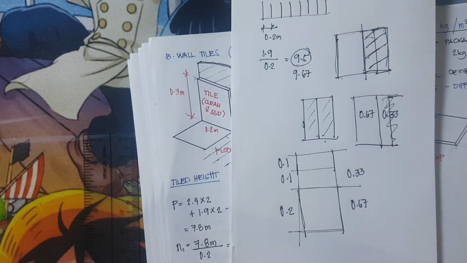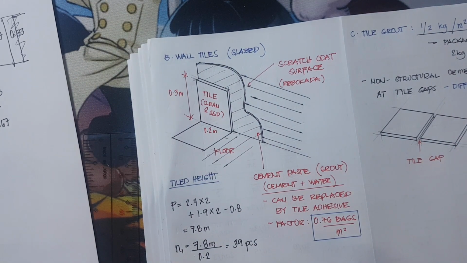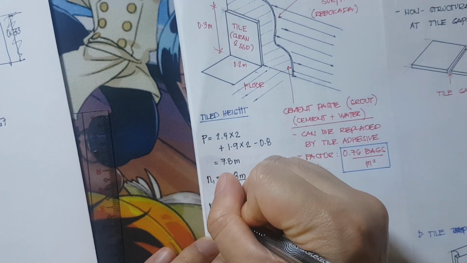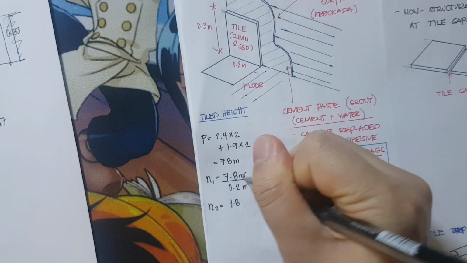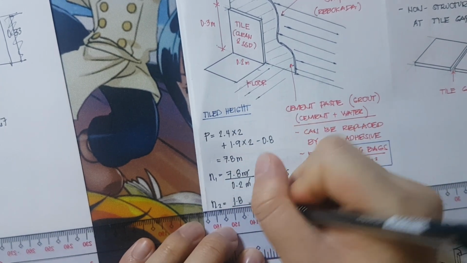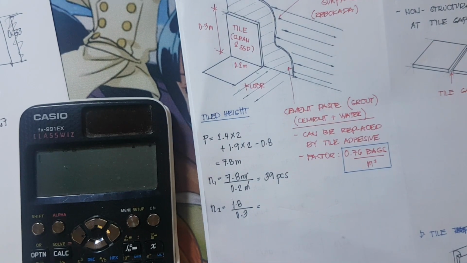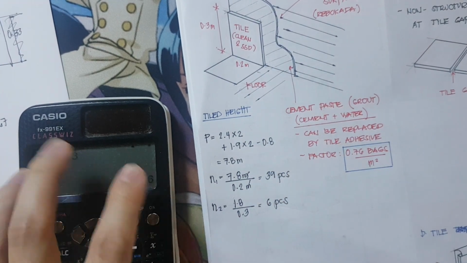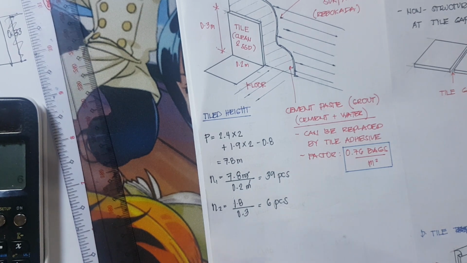Okay, so let's check. Our height is 1.8 meters. How many 0.3 fit in 1.8 meters? So, N2 is equivalent to 1.8 divided by 0.3, and that is 6 pieces.